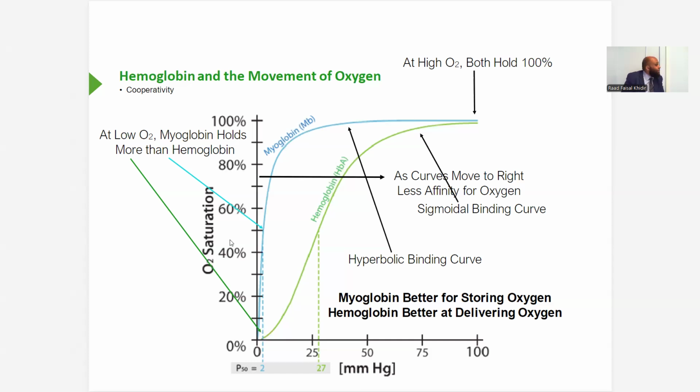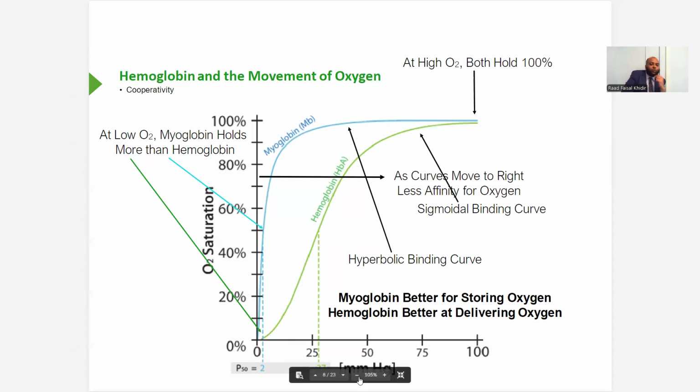So hemoglobin is not going to be saturated in a place that has no oxygen. But when you look at myoglobin, it's really saturated. So for example, let's look at a partial pressure of oxygen of 10. So you only have 10%.